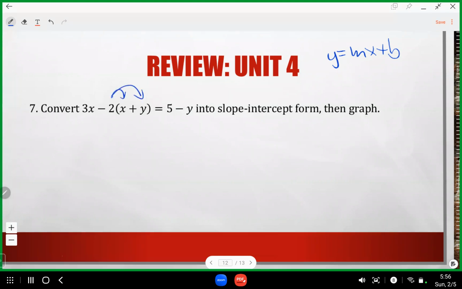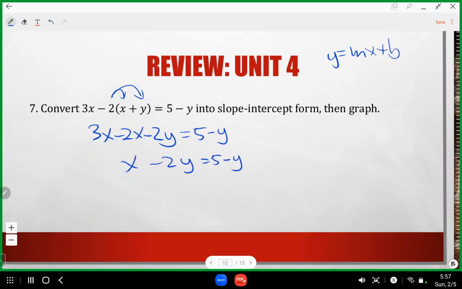Then we can combine like terms and do all that later. So 3x minus 2x minus 2y, and we can actually combine the x later, equal to 5 minus y. You get x minus 2y is equal to 5 minus y.